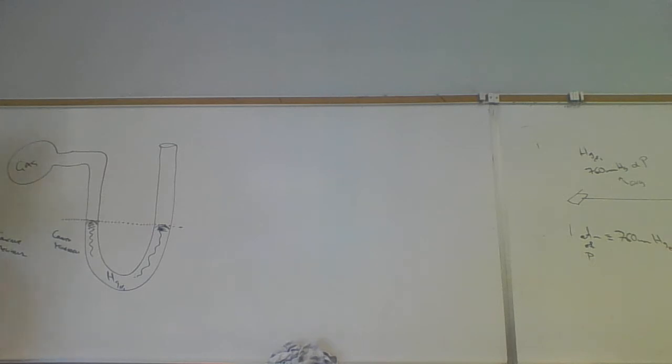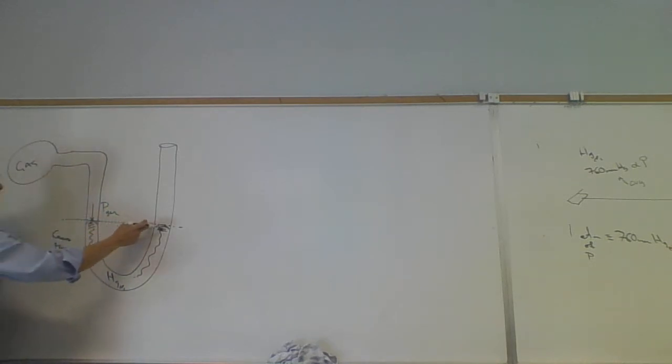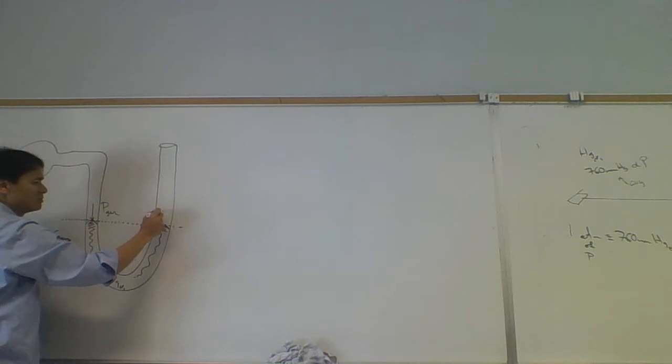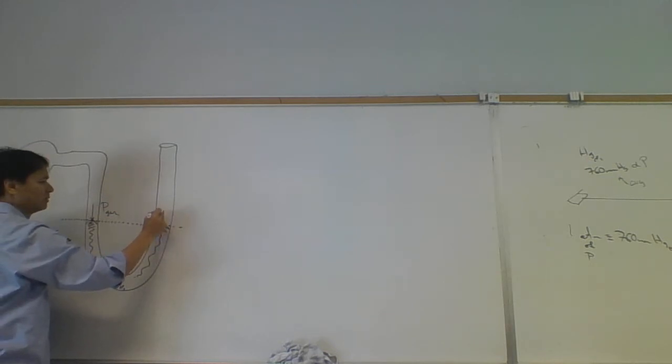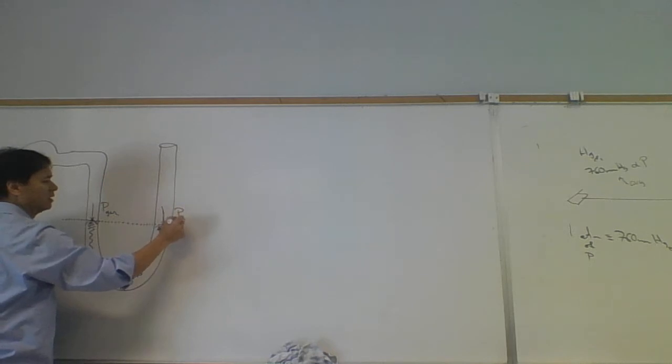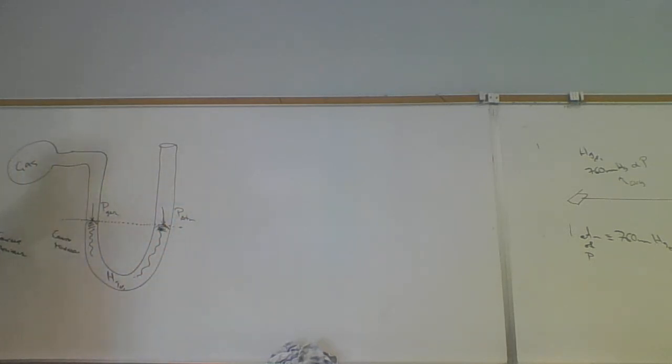In this particular scenario, what's pressing on the left is the weight of the gas, in other words, the pressure of the gas. What's pushing on the right side is the air, 30,000 feet of air, or whatever it is, roughly. So this is the pressure of the air, or atmospheric pressure, or barometric pressure.